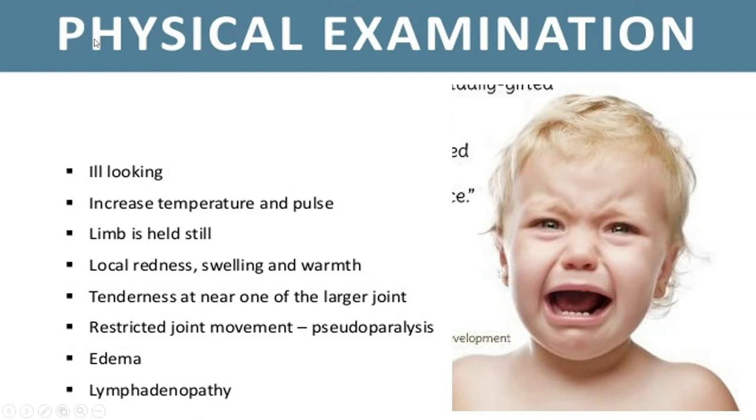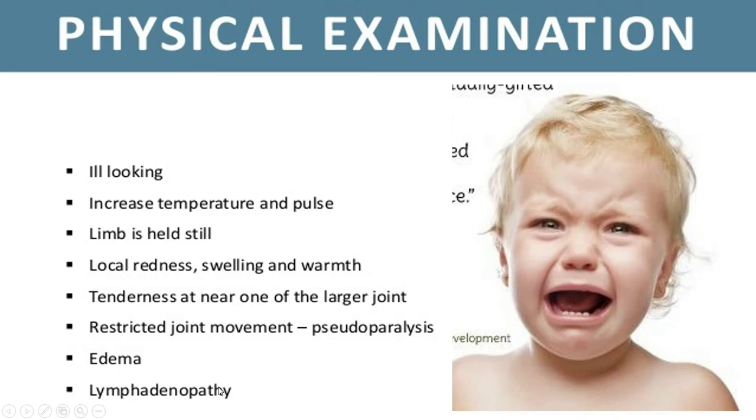They will look ill, with increased temperature and pulse, the limb held in the pseudo paralysis position, along with all the problems I already discussed. There may be edema and lymphadenopathy also.